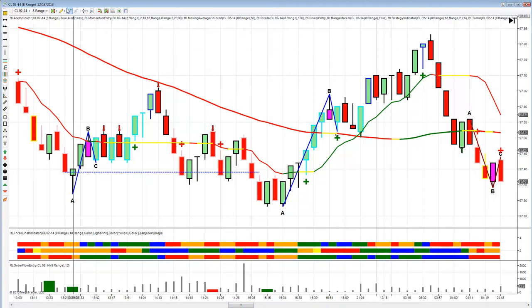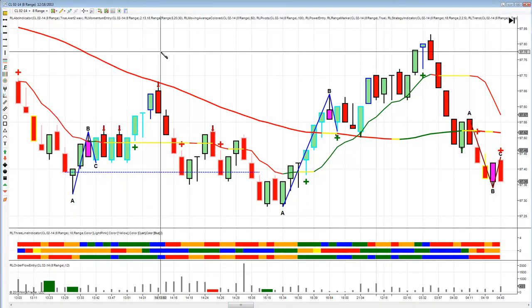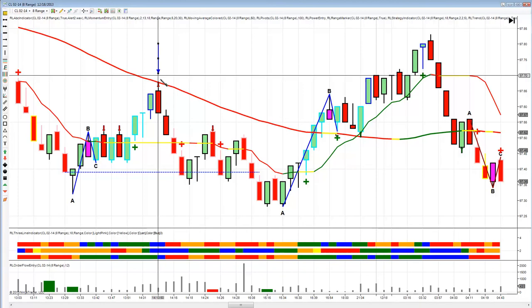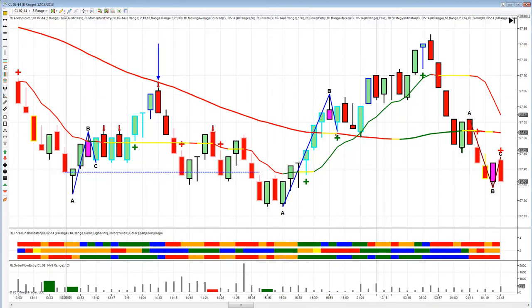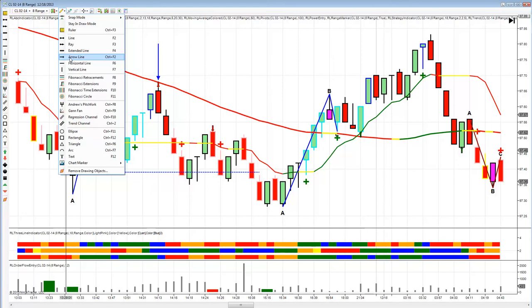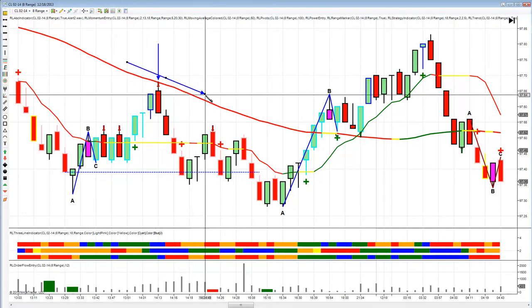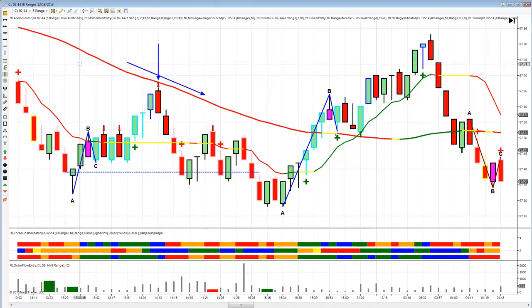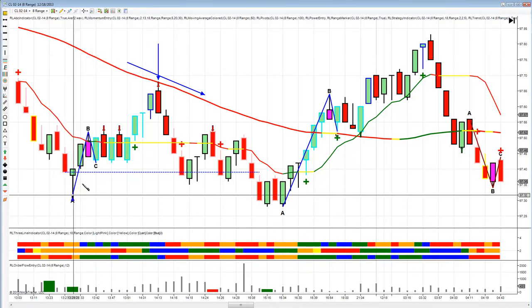Now, here's our power entry bounce off the 50. Now, the 50 must be sloping in the direction of the trade. That is a must. Number two, and you can see these are very, very deep retracements. Here's the uptrend.